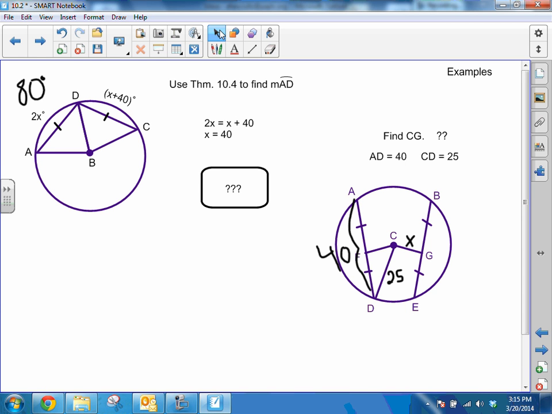So see if you can solve for CG. Try to solve for CG. Do you have the answer? Yeah. One second. Let everybody else get there.